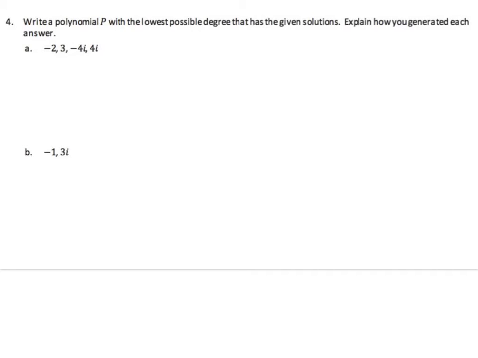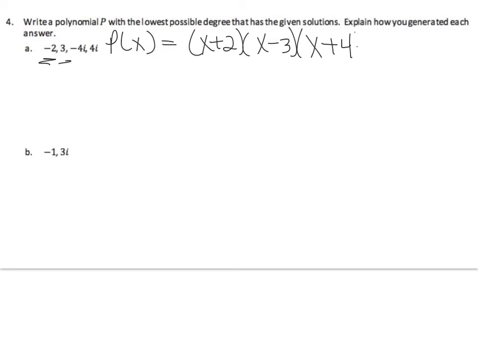So p has a degree of 4. So let's go ahead and work through it. All I'm doing is taking minus 2 and putting it into a binomial, and then positive 3 into a binomial. Then x plus 4i and x minus 4i.